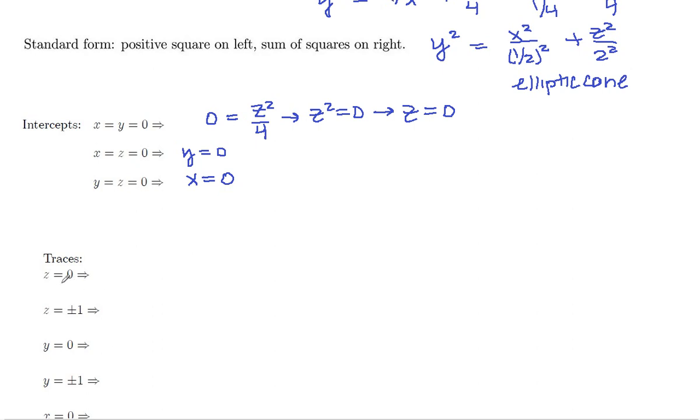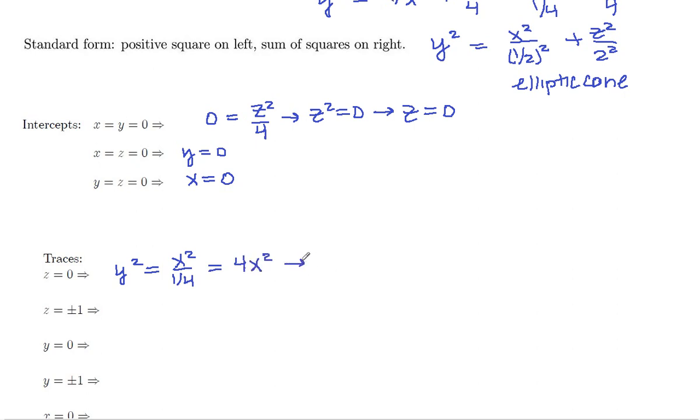So if z is equal to 0, then this last term is going to drop off, and you're just going to get y squared equals x squared over 1/4, or x squared over 1/2 squared, which is the same thing as 4x squared up top.